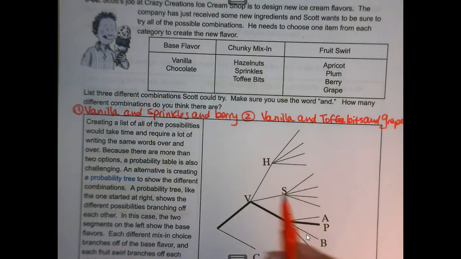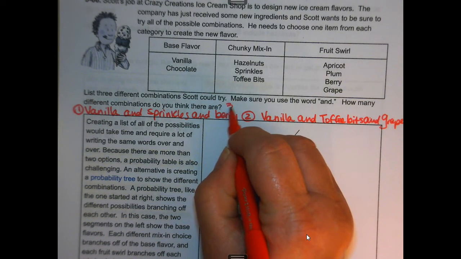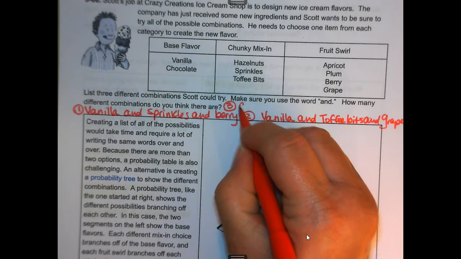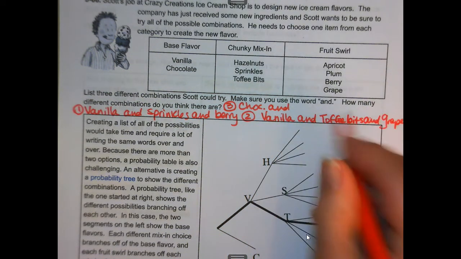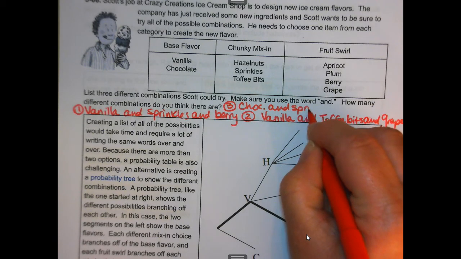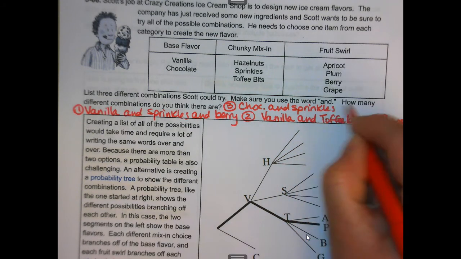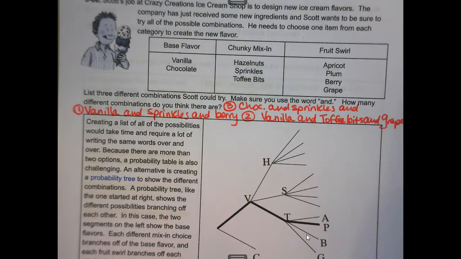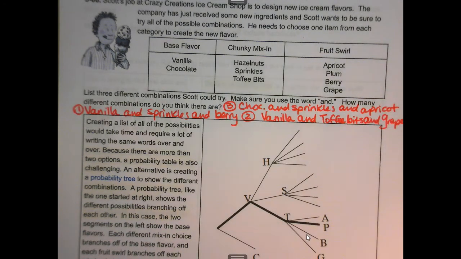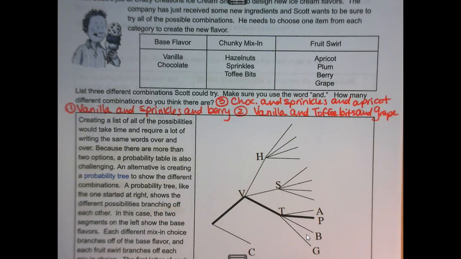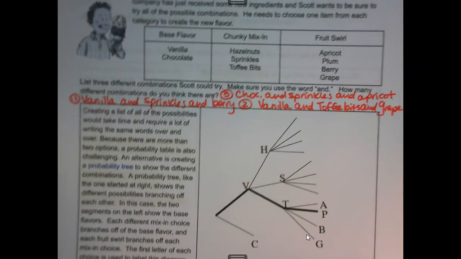There's 2, and I guess we'll squeeze 3 up here. We'll do a chocolate and sprinkles and apricot.